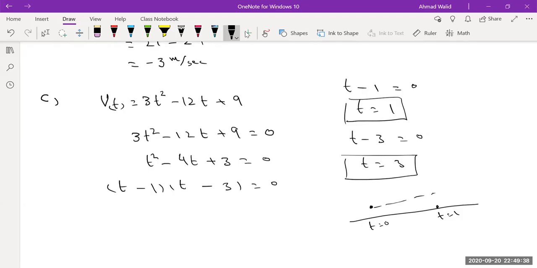At t equal 1, it stops, at rest, like this. Then it turns back and moves this way until t equal 3. Then it stops again and turns back and goes. That's why you had a negative 3 meters per second velocity there, correct? Because you are going back this way.